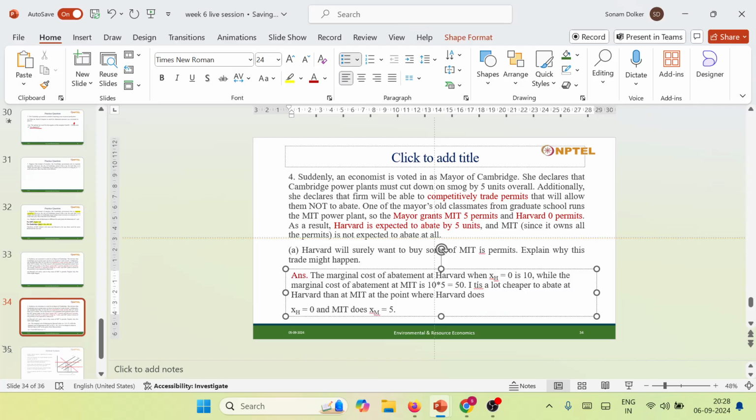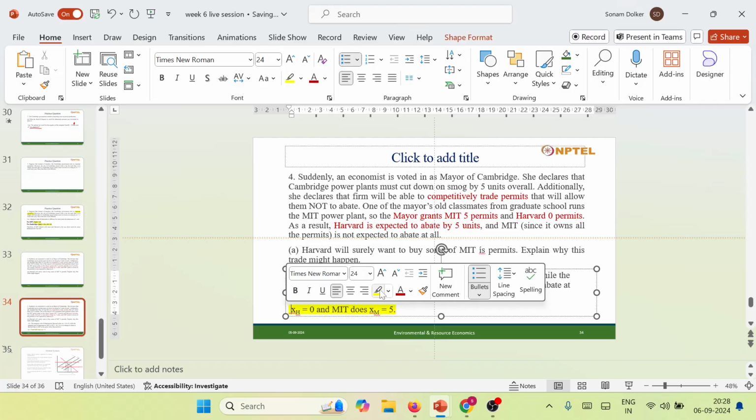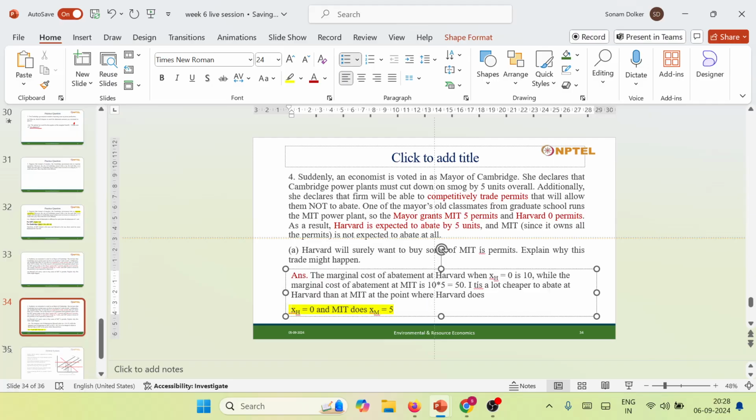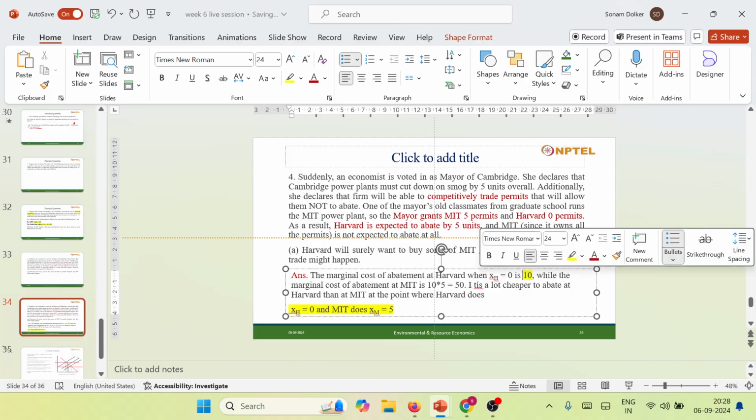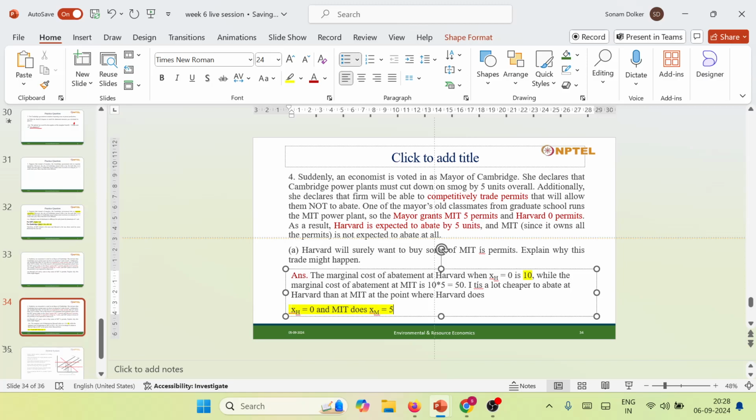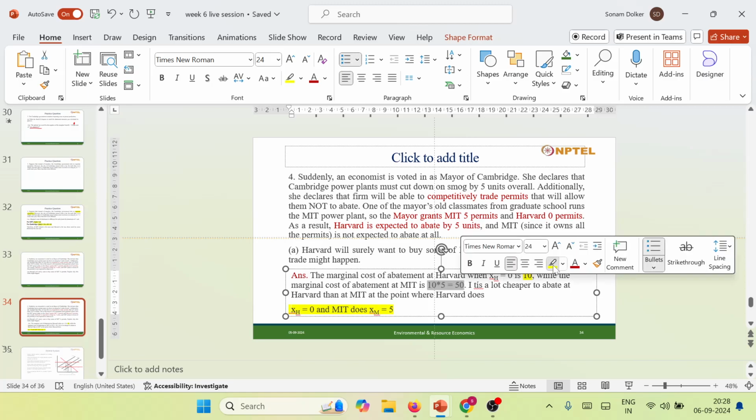Here it is written wrong. So what we are trying to say is that in this case, when the Harvard plant is not abating at all, the cost is 10. And when the MIT plant is abating 5 units, the cost is 50.